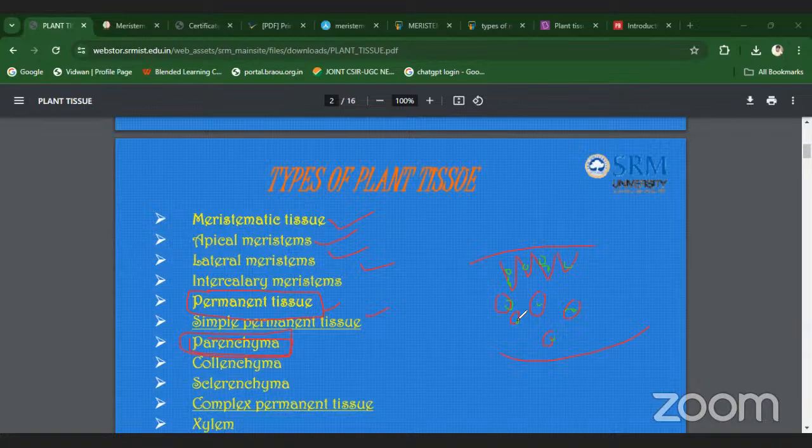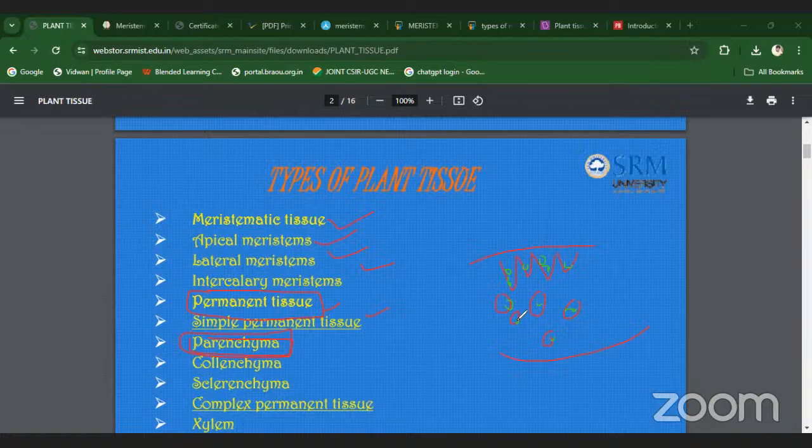Next, collenchyma. Compare collenchyma with parenchyma. In collenchyma the corner regions are much thickened. In general, compared with parenchyma, collenchyma cells are thicker, because pectin substances are present in the cell wall.